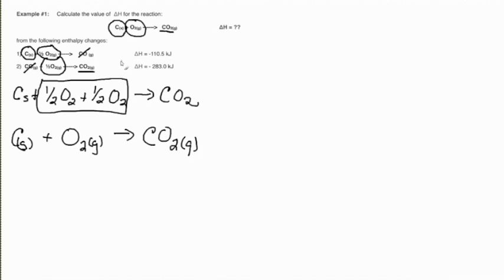So what that tells us is we didn't have to reverse anything, we didn't have to double anything or half anything or change anything like that. So we can use these 2 delta H's just as they are and add them together. So we take negative 110.5 plus negative 283.0.